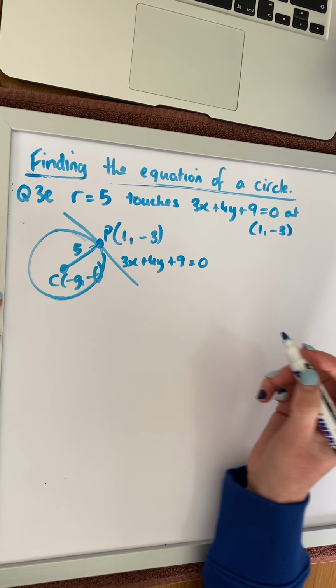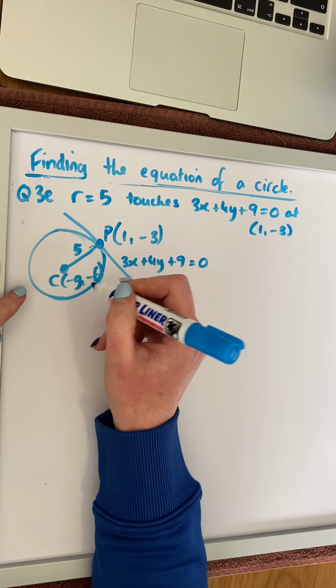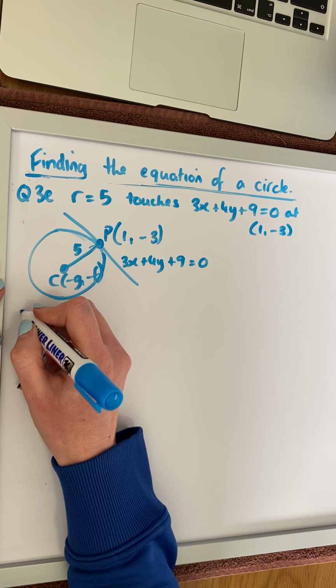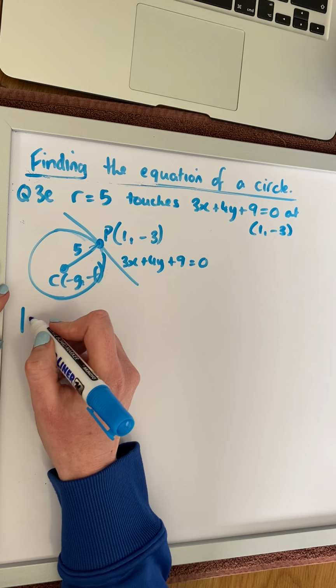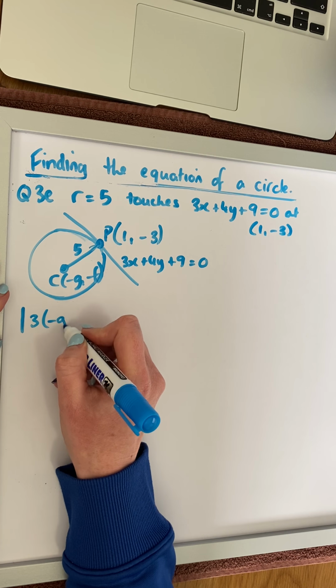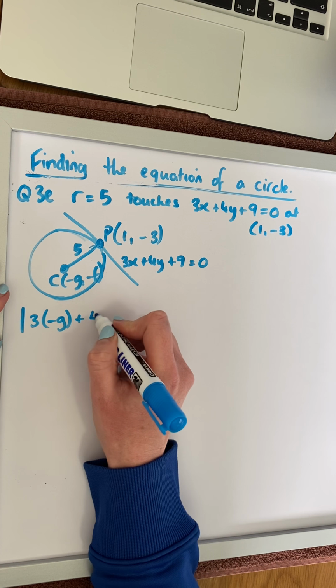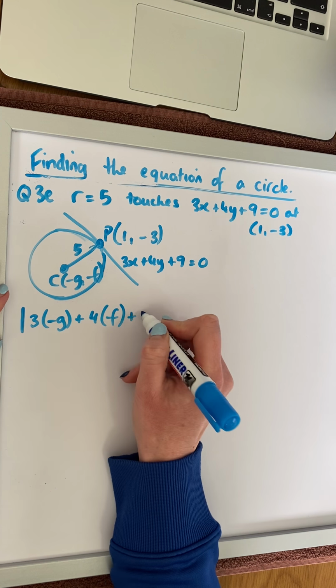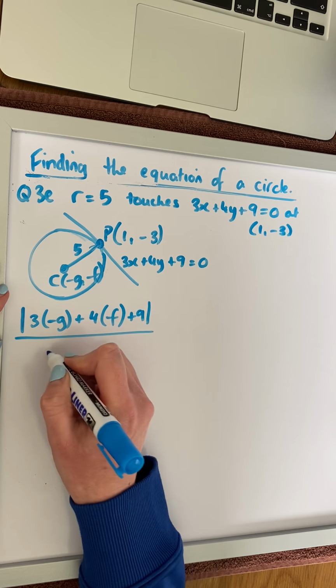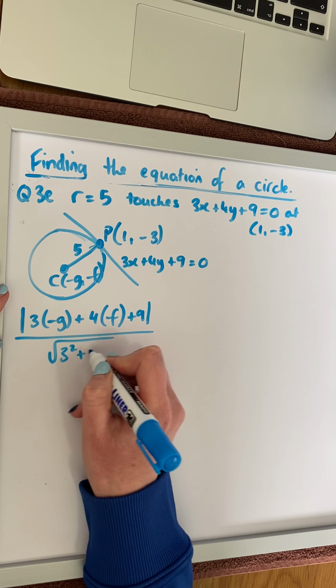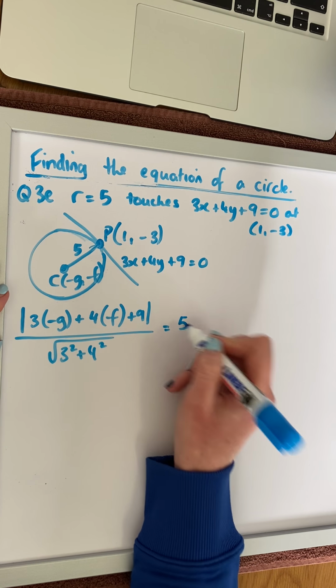First thing we're going to look at is the perpendicular distance. So the perpendicular distance from our center point to our line is equal to 5. So we have (3 times -g plus 4 times -f plus 9) over the square root of 3 squared plus 4 squared, equal to 5.